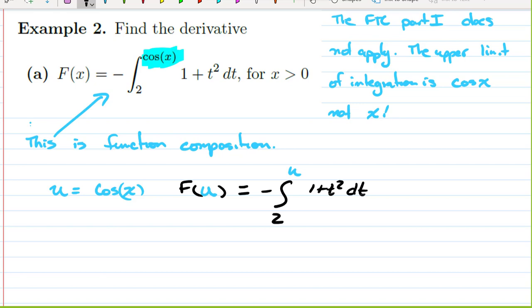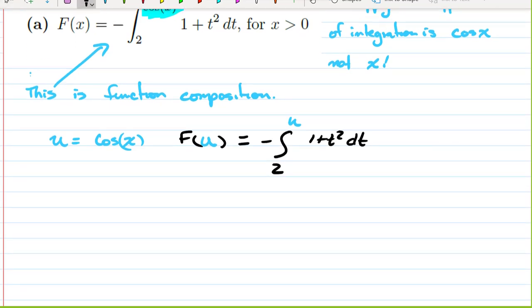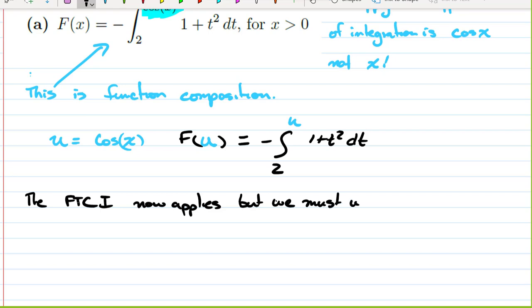So now this is function composition, and now our upper limit of integration is just a lone variable. So the fundamental theorem of calculus part 1 applies to this, but we're going to have to use the chain rule. So the FTC I now applies, but we must also use the chain rule.